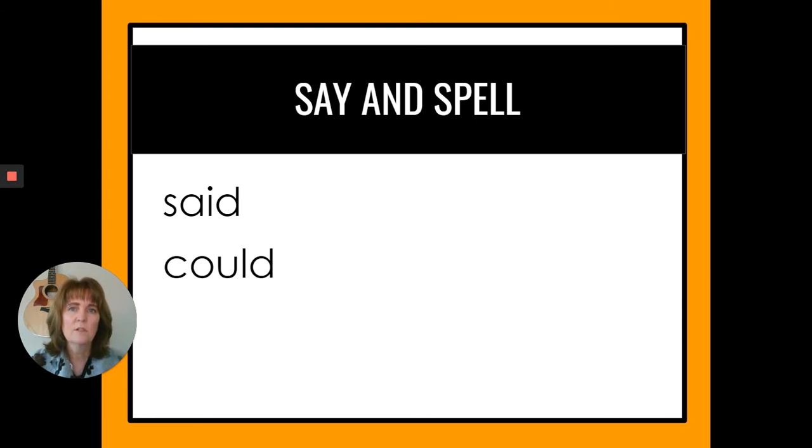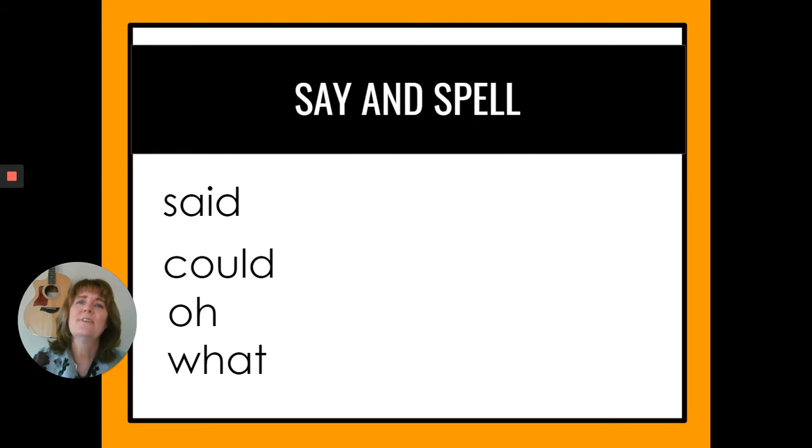C-O-U-L-D spells could. Now you spell it. This is that word O that I told you about earlier. O is spelled O-H, even though we only hear the O at the beginning. And finally, we're to what. The word what is W-H-A-T. Did you spell it? Great.